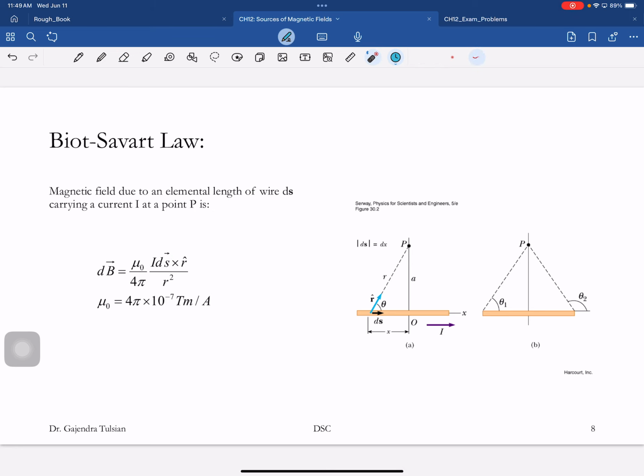Why could you add it so simply? Because the field produced by each charge was in the same direction, and the same magnitude. All right, so that's why we could do it so easily.